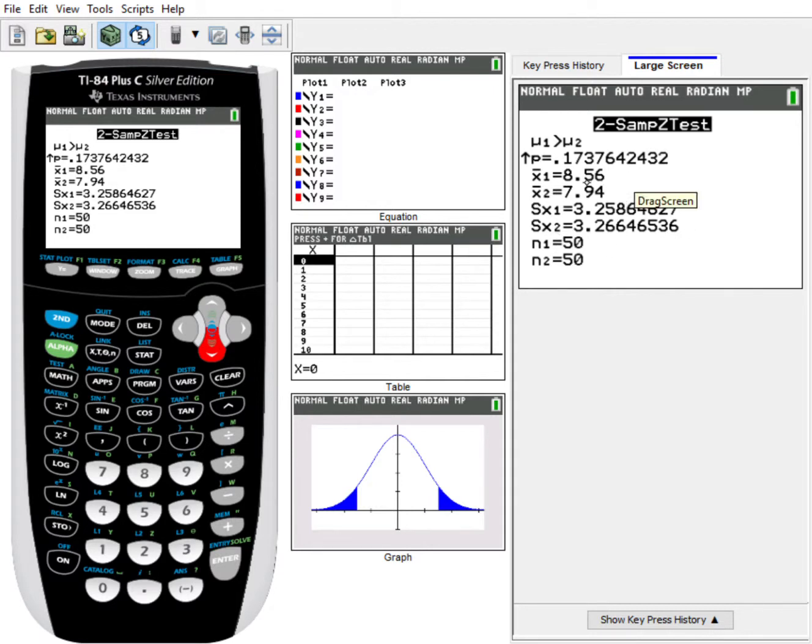For example, if your x bar 1, your sample 1, is clearly larger than sample 2, this is why everything came out positive, because we called sample 1 males. The average there is 8.56, and then the second sample is females, which is 7.94. Now it is smaller. The question is, is it significantly smaller? And the answer is no.